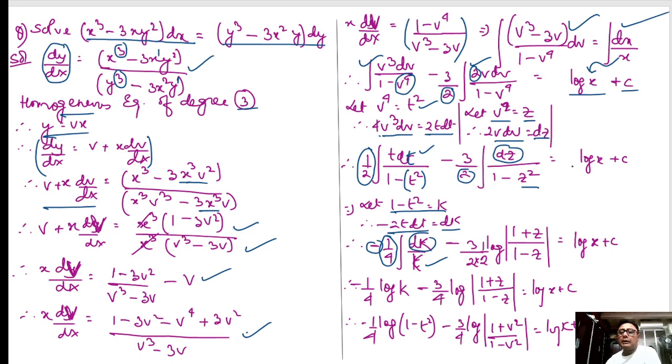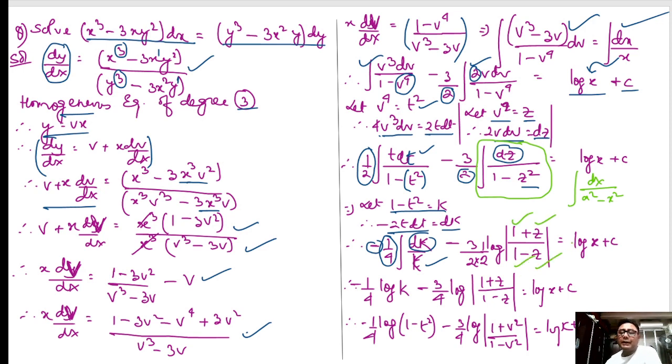Now this formula is the integration of, one minute, this formula is the integration of 1 by a square minus x square, which is 1 by 2a log of a plus x by a minus x, is the formula.